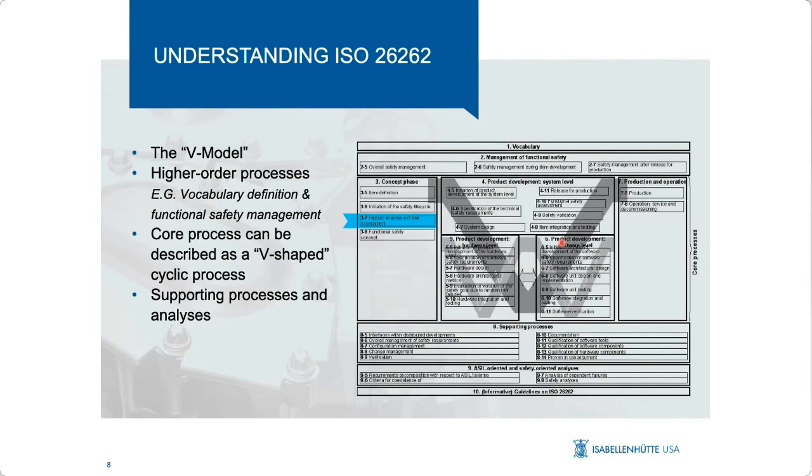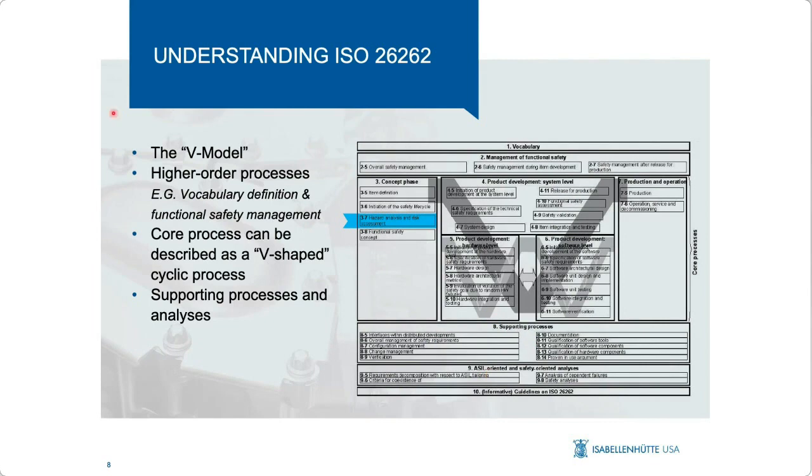After that, the process integrates back up to system level, where item integration and testing occurs, and later the release for production. Next, there's supporting processes like change management and documentation, and ASIL analysis, like, for example, failure analysis.